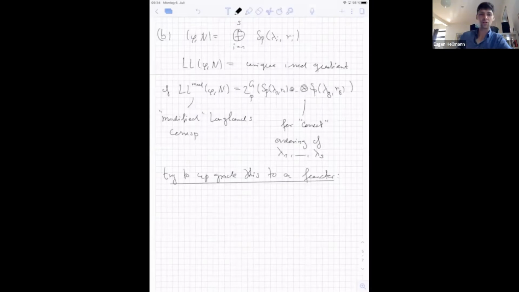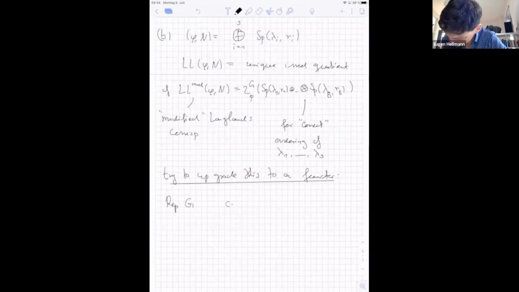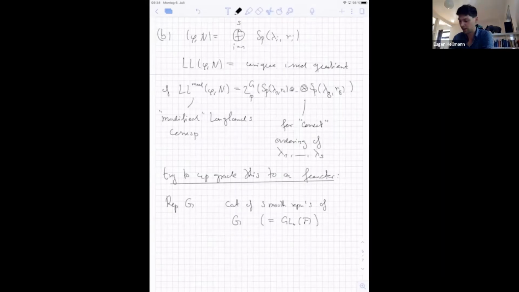So first of all, you need some categories involved, okay? Let's say here we have the category of smooth representations of G, and if you want, then G is still my group GLN(F).